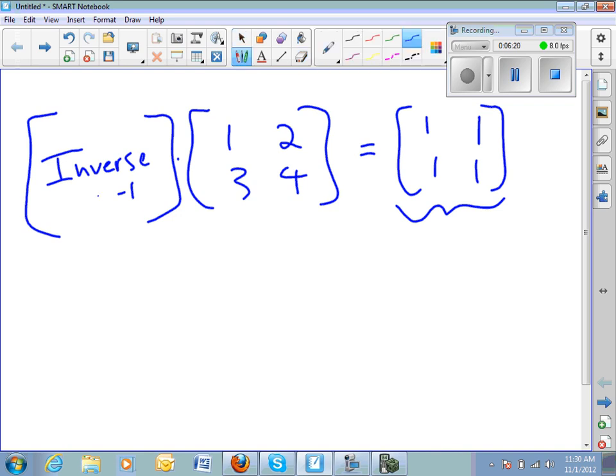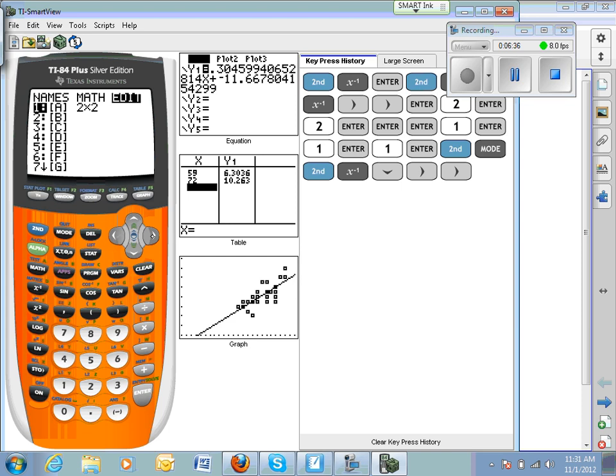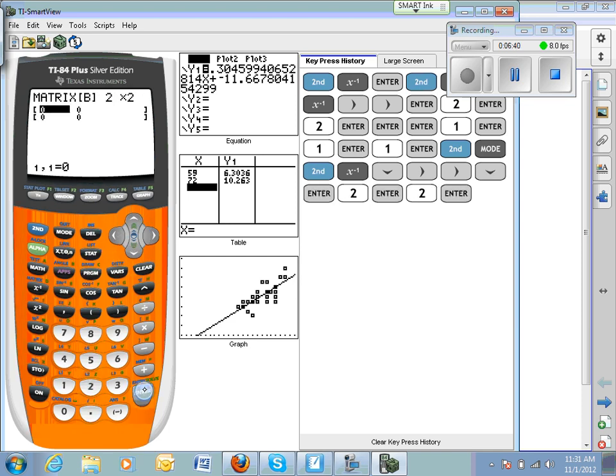At least it's easier to rename it than it is to re-enter a matrix in the calculator. So we'll switch that. And then matrix B. Let's edit that. That will also be a 2 by 2 matrix, and that's our matrix from the smartboard, 1, 2, 3, 4.